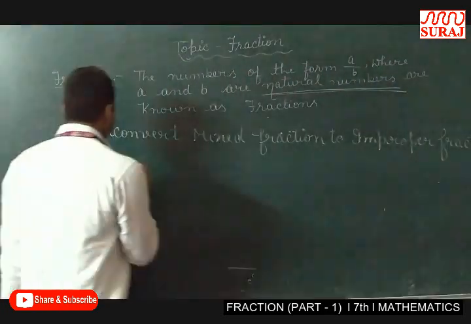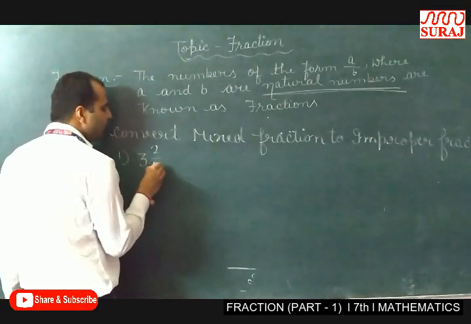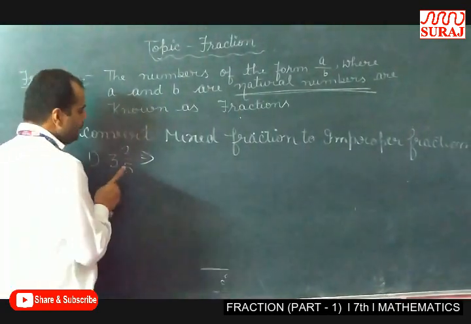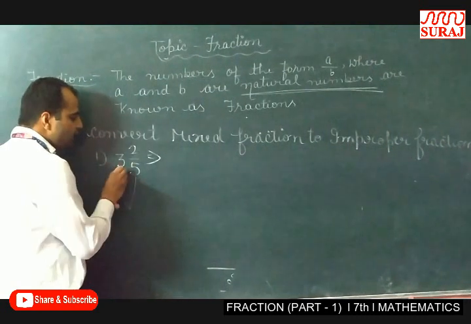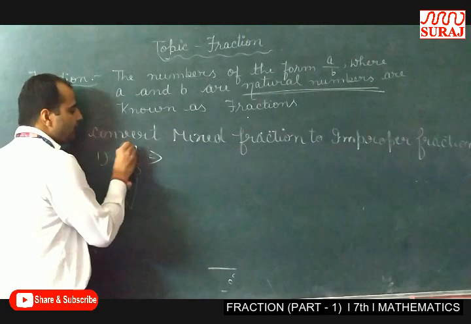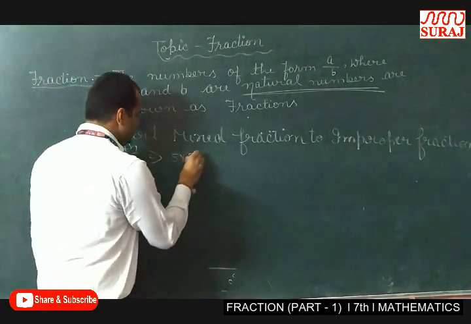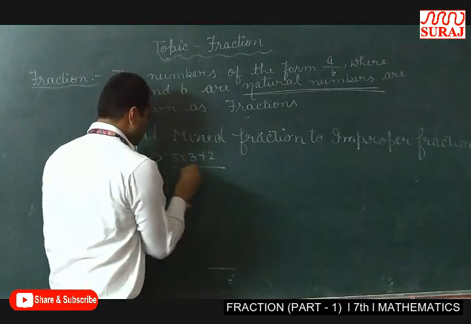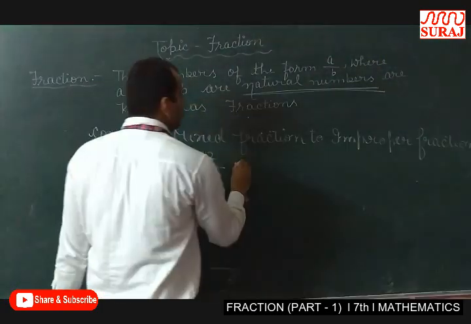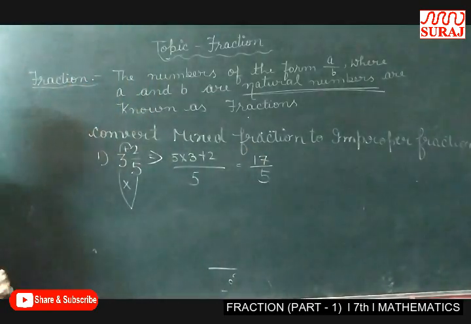So first question is 3 and 2 upon 5. So first we multiply 5 by 3. हम 5 को 3 से मल्टीप्लाई करेंगे एंड जो आंसर आएगा उसमें हम क्या कर देंगे? प्लस 2. तो लेट्स स्टार्ट, 5 मल्टीप्लाई बाय 3 प्लस 2 अपॉन 5. 5 3 जा 15 और 15 में 2 ऐड करेंगे तो कितना हो जाएगा? 17, 17 अपॉन 5. दिस इज द आंसर.